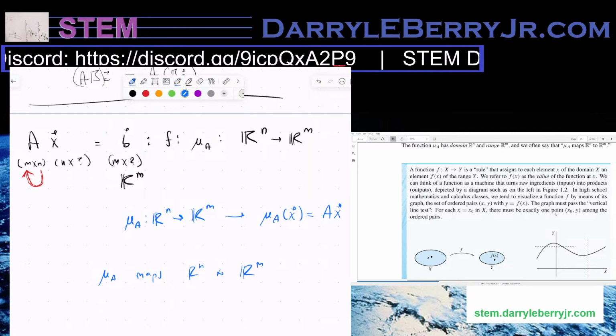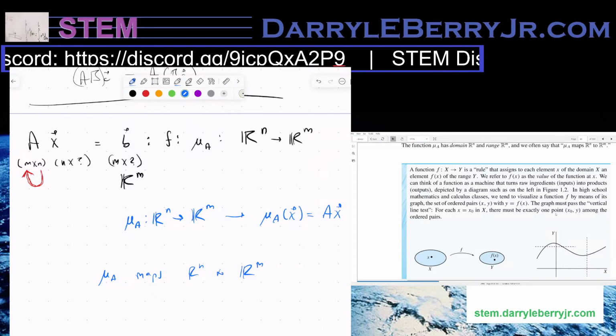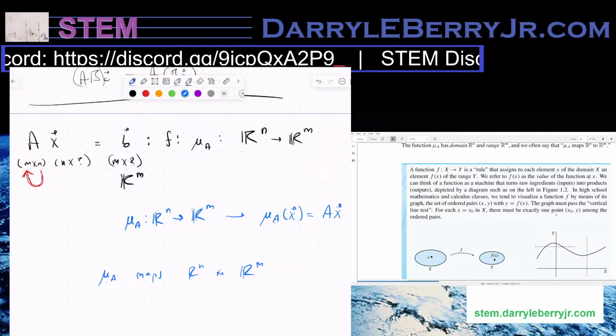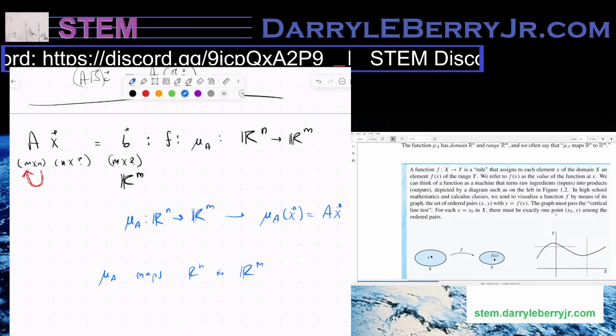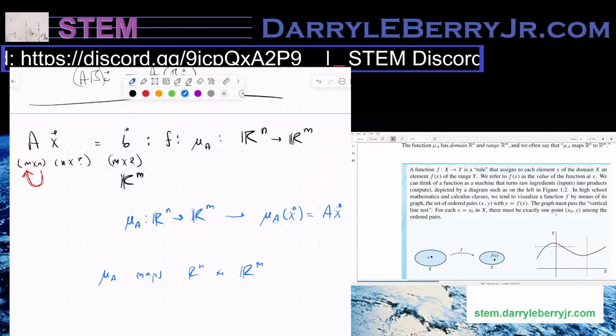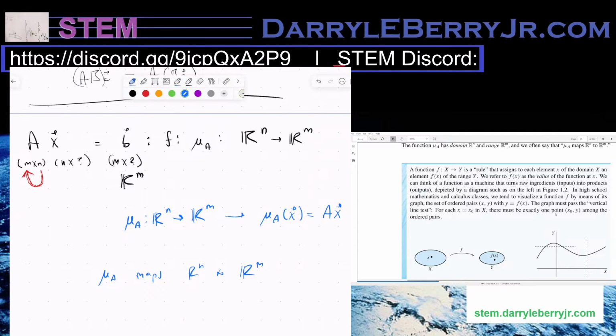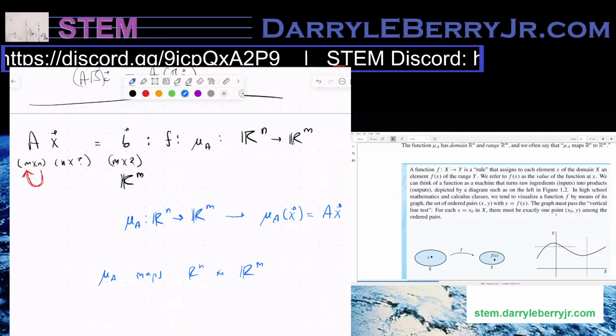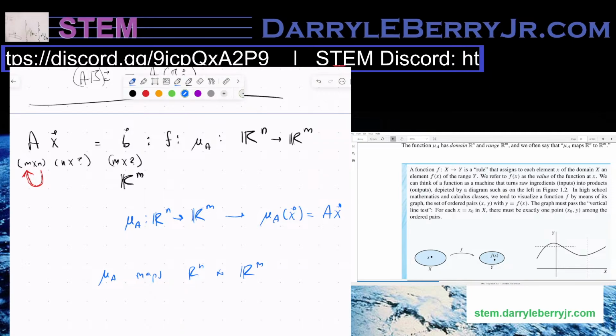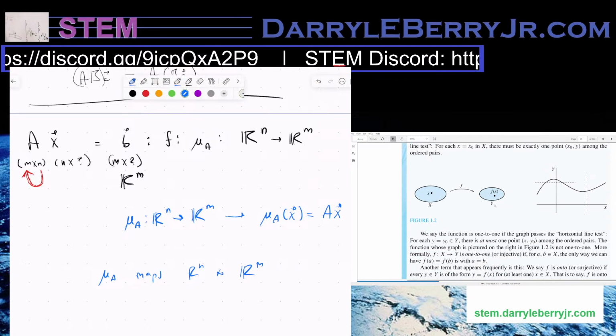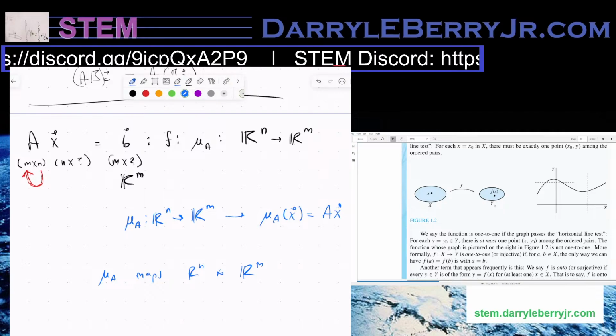In high school mathematics and calculus classes, we tend to visualize a function f by means of its graph, the set of ordered pairs (x, y) with y equals f of x. The graph must pass the vertical line test: for each x equals x naught in the space x, there must be exactly one point (x naught, y) among the ordered pairs, right?